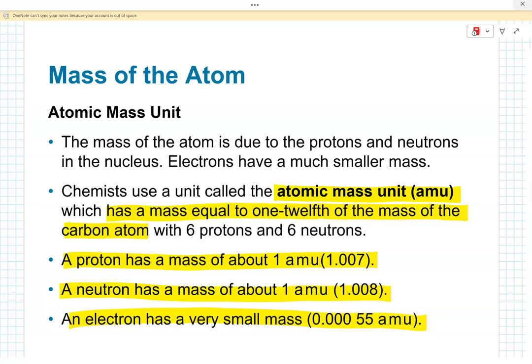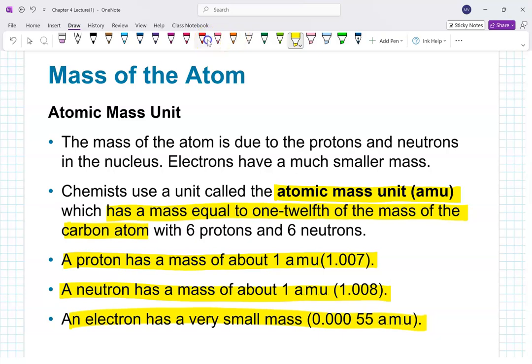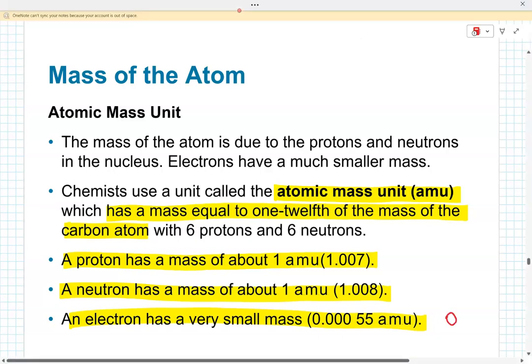So what I'm saying is we can basically assign the mass of an electron as 0. Okay? So 1, 1, 0. For our calculations, we're not going to take the mass of an electron into account. Making sense? Good?